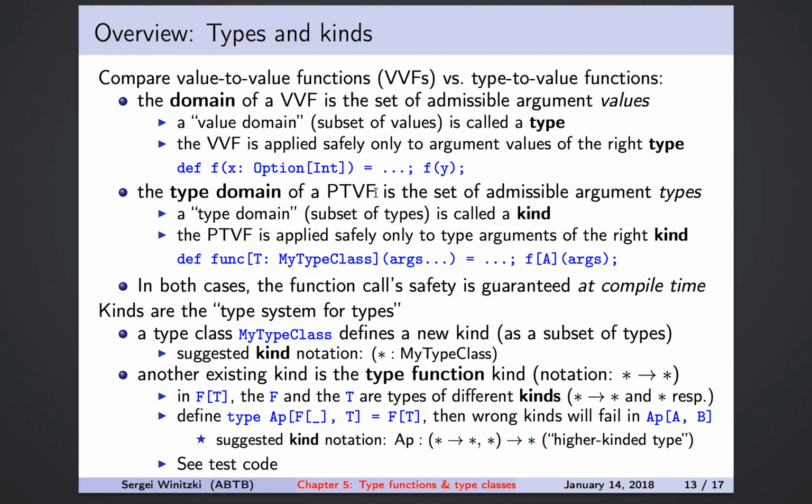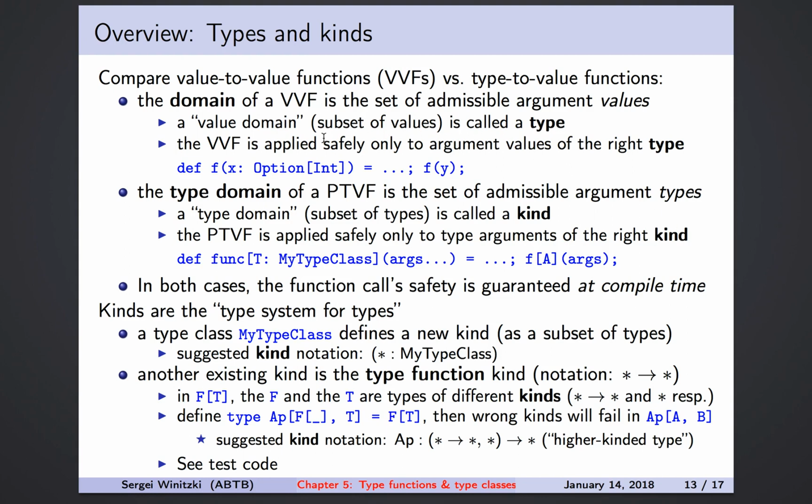Now let's look at a partial type-to-value function. It has a type domain, which is the set of admissible argument types or type parameters. The type domain is a subset of types, a subset of type parameters that the function can accept. That is actually called a kind. This is terminology that is accepted in functional programming. So we say that the type-to-value function can be applied only to type arguments of the right kind.